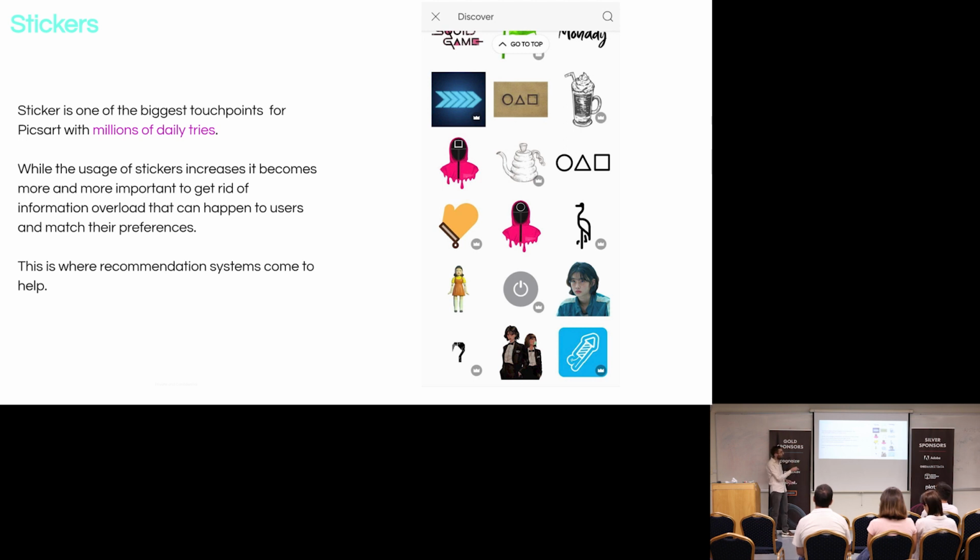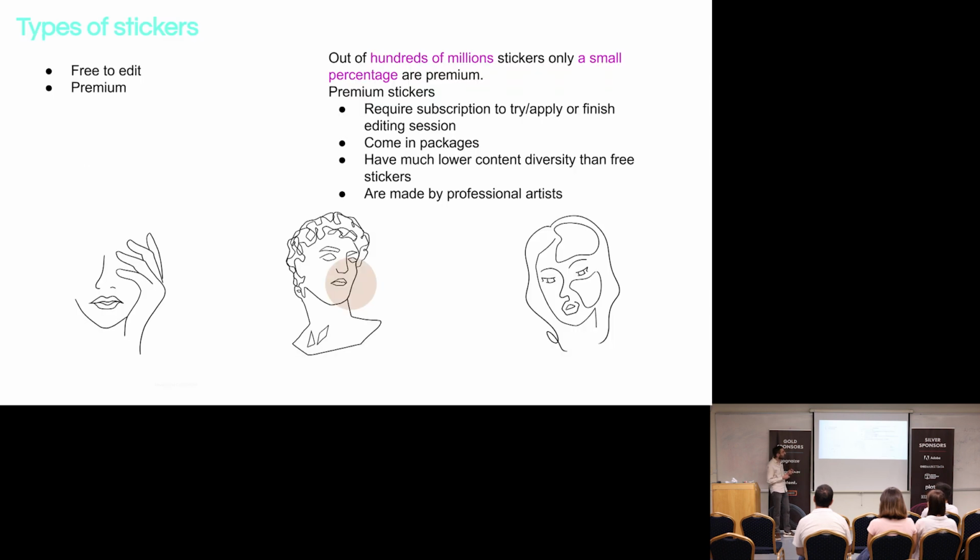You can see some examples of stickers here. And in PicsArt, we have millions of daily tries of stickers. And with this huge amount of data, it's becoming more and more important to align stickers with user preferences. And this is where recommendation systems come to help.